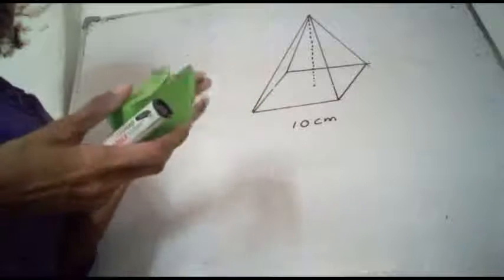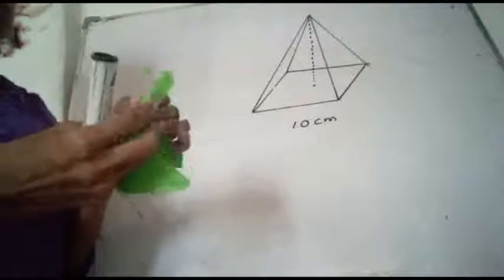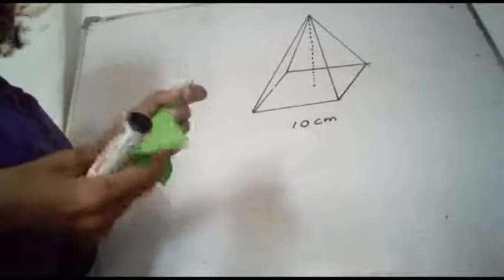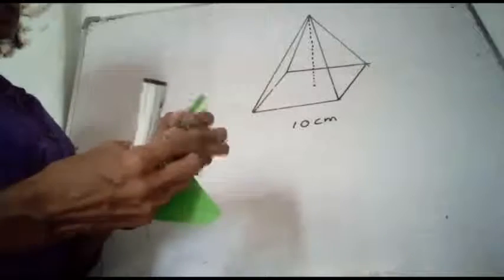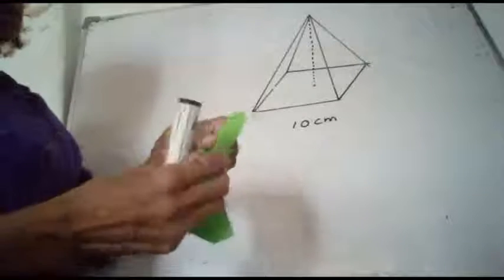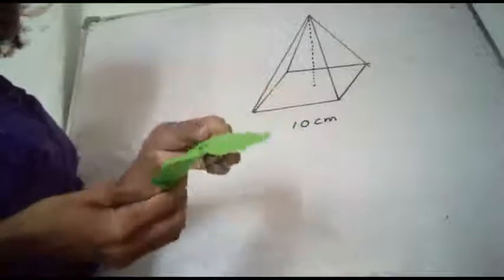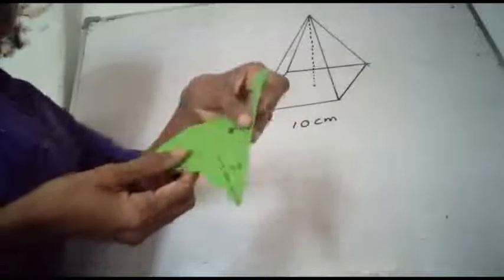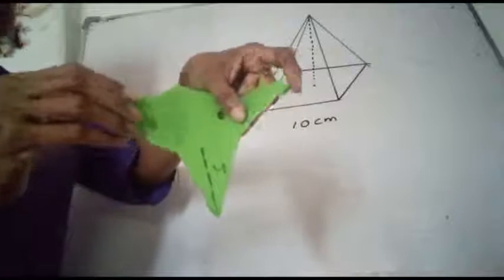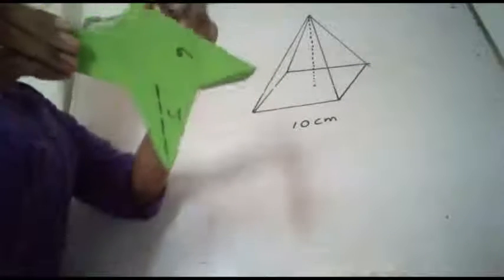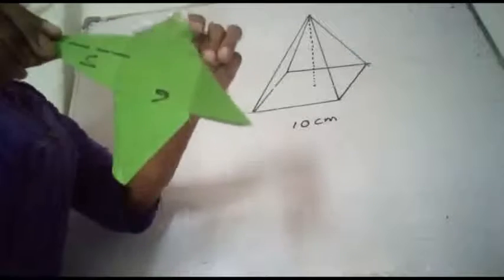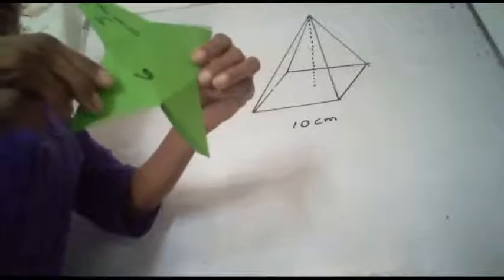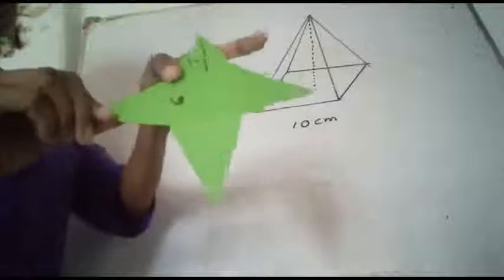Then the other four sides are triangular in shape. Area of all these four triangles are equal.